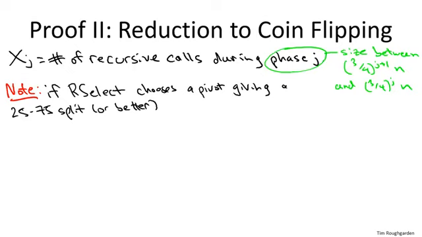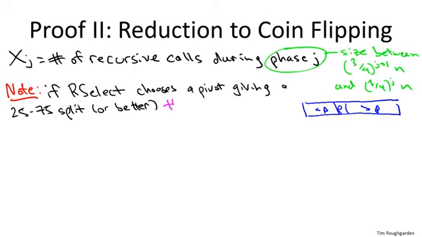So recall how partitioning works. We choose a pivot P. It winds up wherever it winds up, and the stuff to the left of it is less than P. The stuff to the right of it is bigger than P. By a 25-75 split or better, I mean that the first part and the second part each have at most 75% of the elements in the input array. Both have at least 25% and at most 75%.